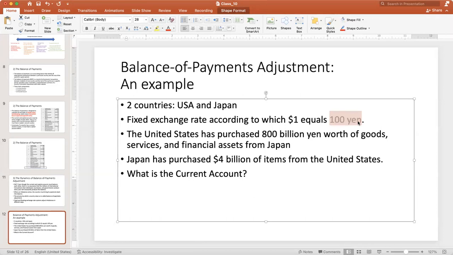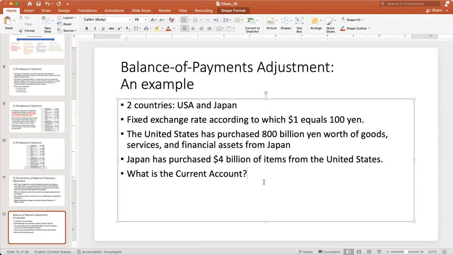And I'm going to provide you the two main transactions in this world. The United States has purchased 800 billion yen worth of goods, services, and financial assets from Japan. And Japan has purchased $4 billion of items from the United States.